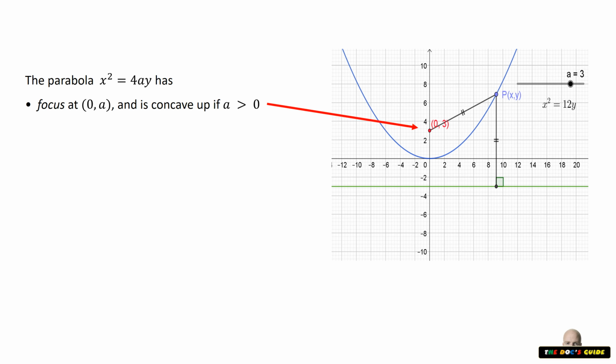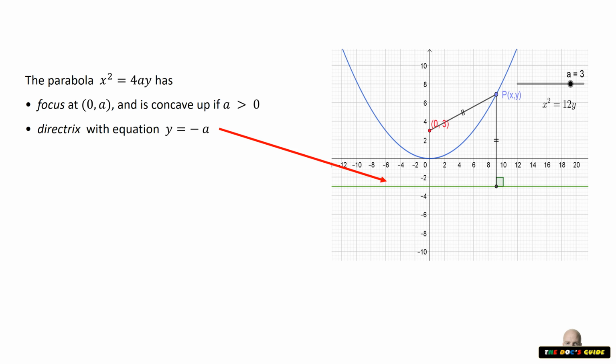So this is the point 0, 3 on this particular parabola. We're going to have a directrix which has equation y equals minus a, which in this case is y equals minus 3. The vertex is going to be at 0, 0 if the parabola has this form, x squared equals 4ay, so that's obviously a minimum in this case.